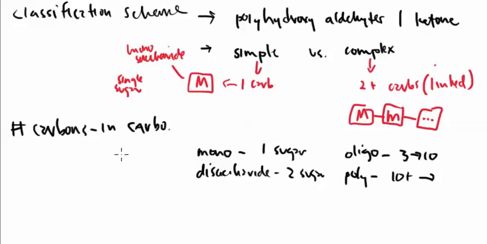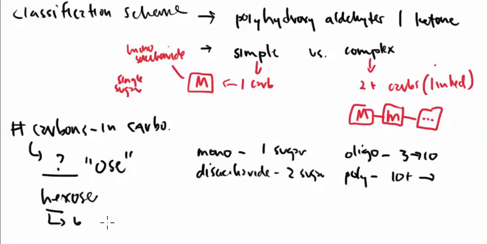And what we do is that we use a prefix with the ending of "-ose." And the prefix tells us how many carbons there are in that structure. So for instance, if I have a hexose, then hex means 6. So that means that there are 6 carbons in the structure of that carbohydrate.